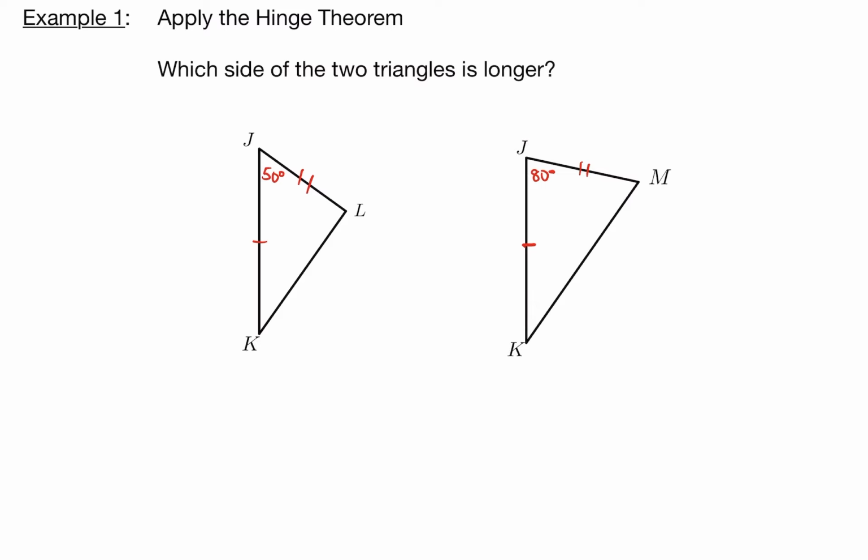So segment KM is greater than segment KL. We know that also because this angle is larger than this angle, and this angle is opposite side KM, and so therefore KM is going to be larger than KL.